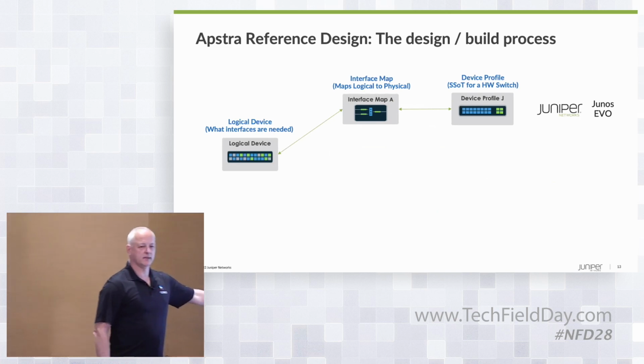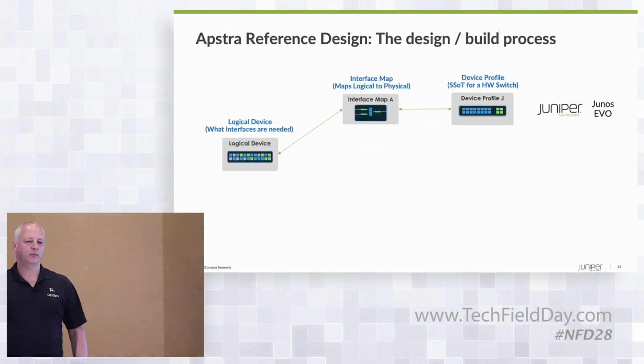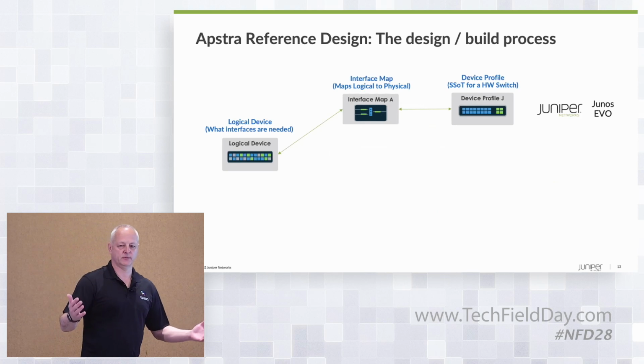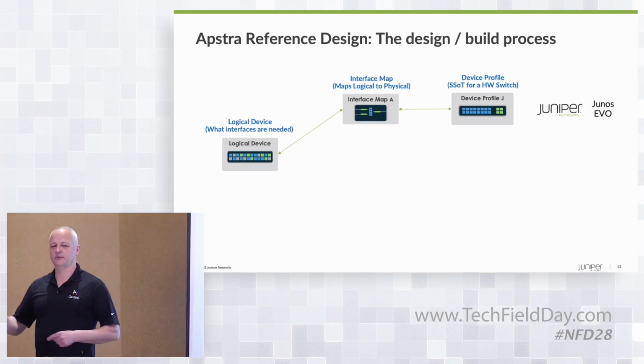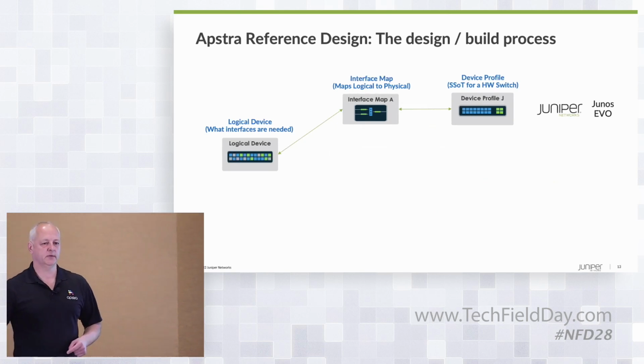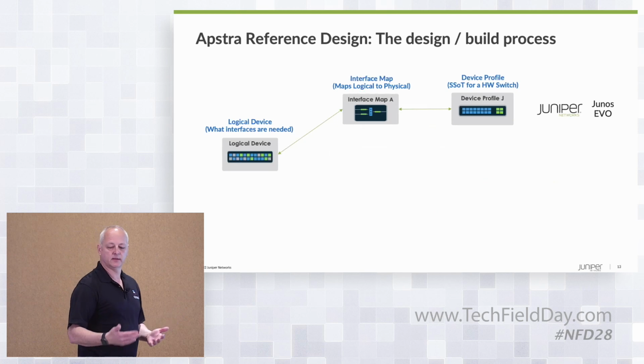The original requirements stayed the same, but we wanted to swap that switch out for another model. You can still get that port configuration from a 32 port QSFP28 switch. The interface map describes to Apstra how those ports are going to be consumed, which ones we're going to channelize. So you can just remap it, okay?